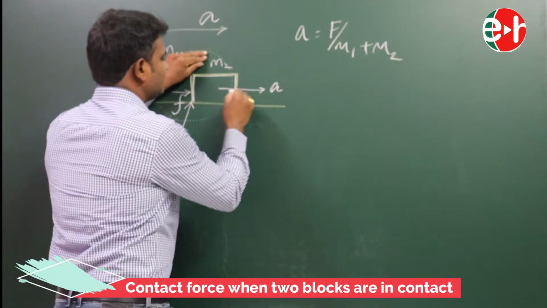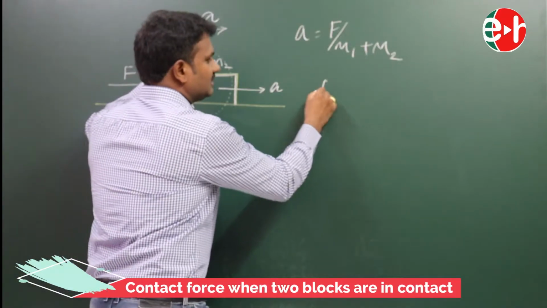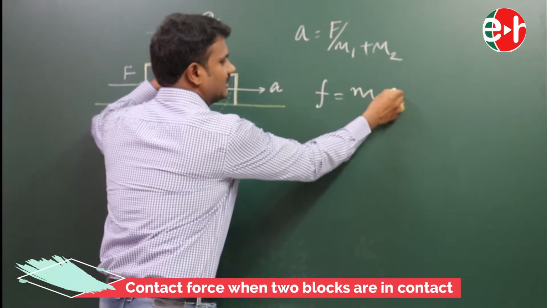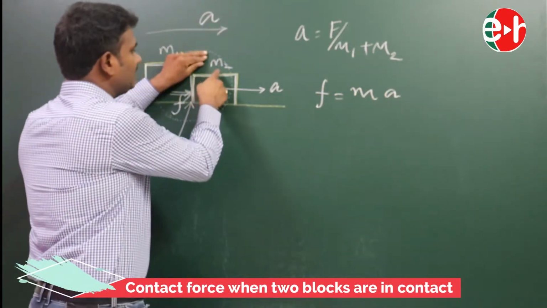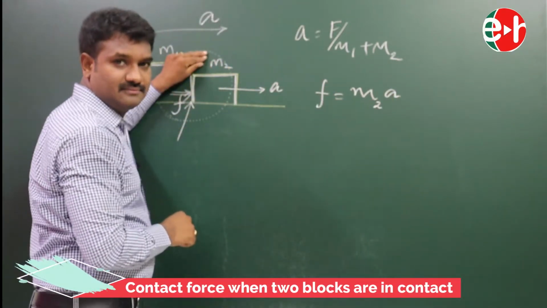As we know, according to Newton's second law, the force is equal to m times A. What is m here? M2, into A, meaning acceleration of this.